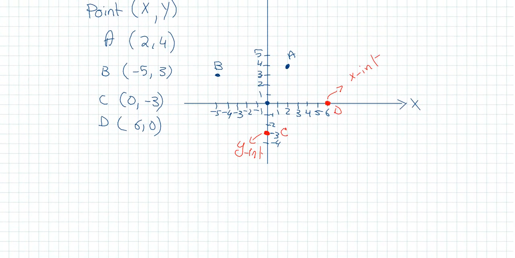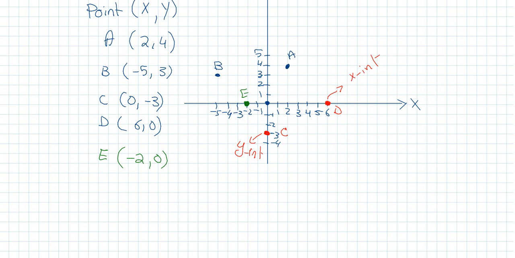Now, my question to you, if you're looking at the x-intercept, if I give you another point, let's see this point here. What would be the coordinate for this point? What's the x value? -2, 0. This is also on the x-axis, no?